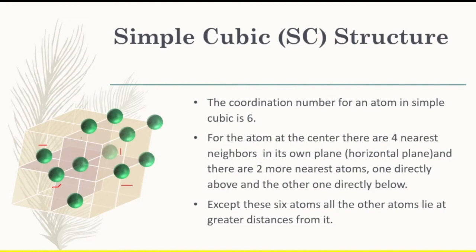And then 2 atoms directly above and below it. Except these 6 atoms, all the other atoms are far from this central atom, and so there are 6 neighbors and so the coordination number is 6.